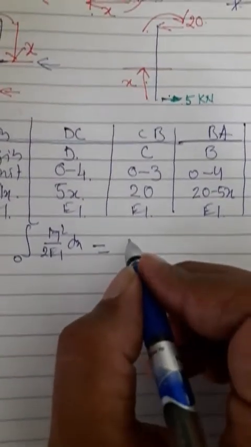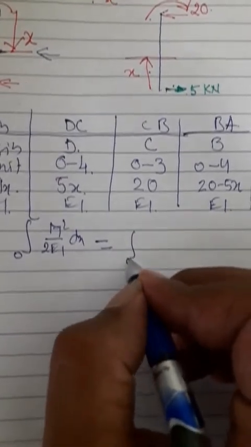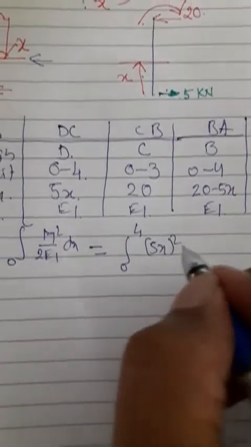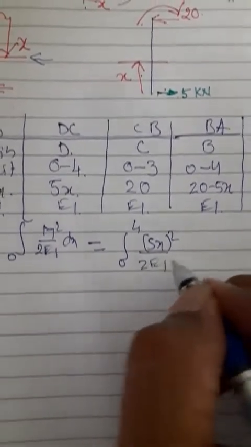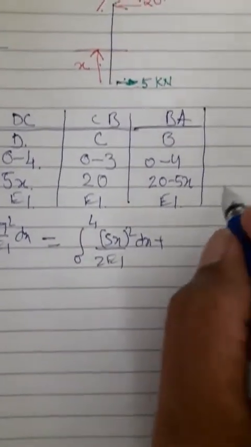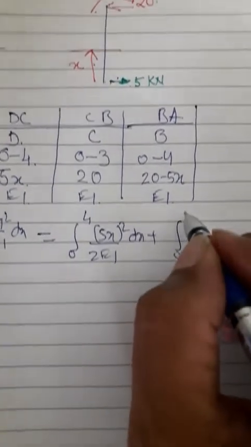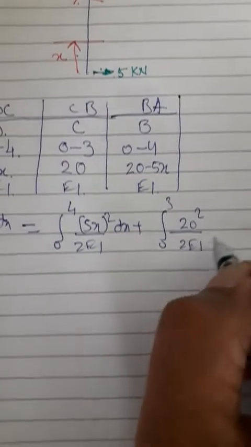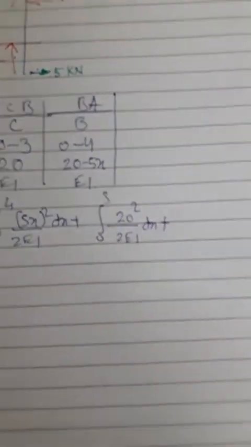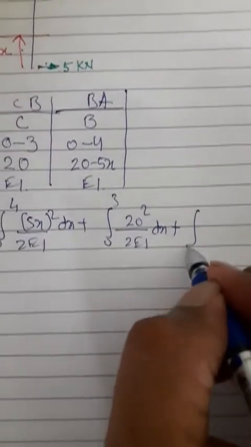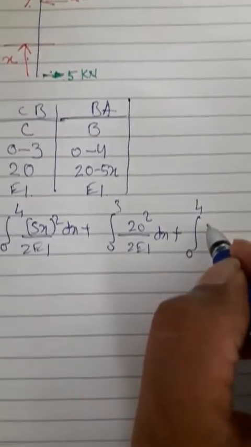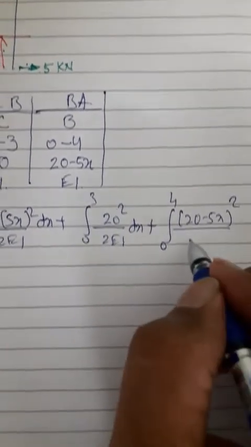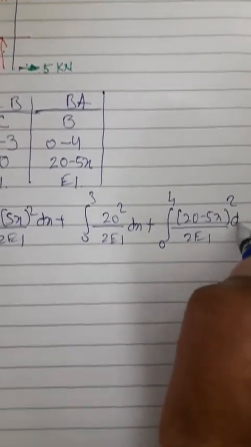First, for DC, 0 to 4, 5x bracket square divided by 2 EI dx, plus 0 to 3, 20 square divided by 2 EI dx, plus 0 to 4, 20 minus 5x bracket square divided by 2 EI dx.